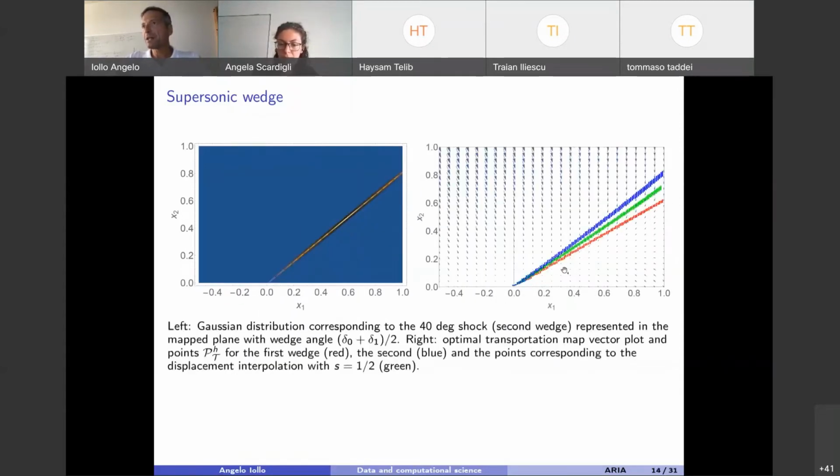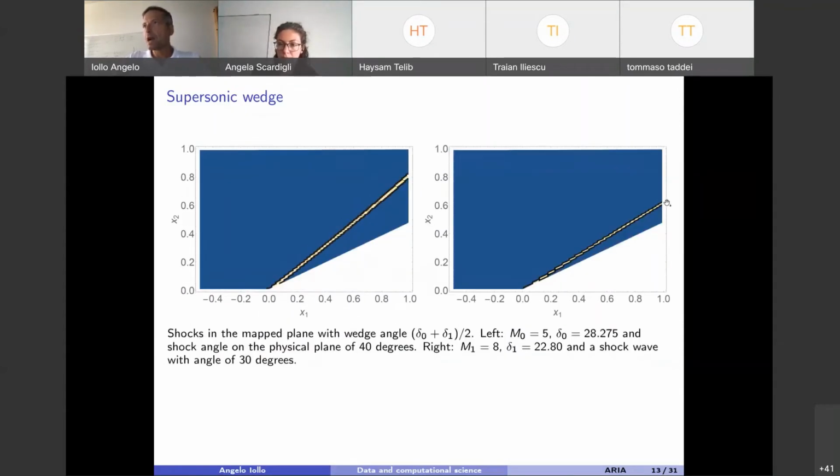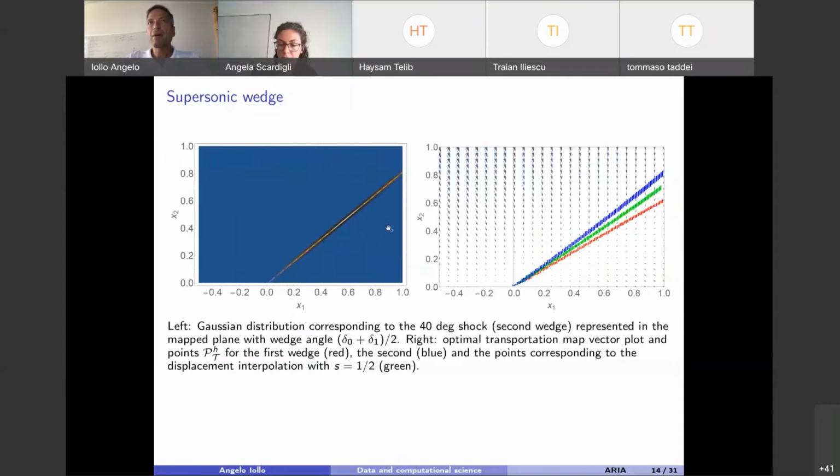Now we set the markers, the blue markers here on the left solution, and the red markers here on the right solution. Now we have the Gaussian on the left, which corresponds to the blue markers, which will be mapped to the Gaussian, not represented here, corresponding to the red markers.